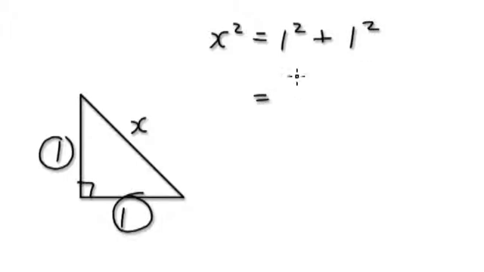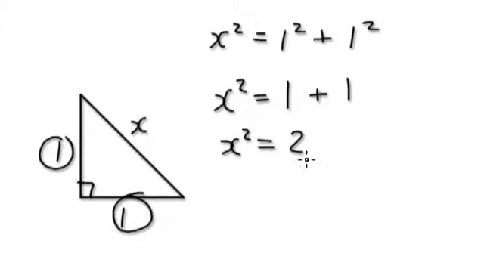So 1 squared, 1 times 1 is 1, and over here will also be 1. Now add the 2 together, so it will be 2. X squared equals 2. So we know that this length here is root 2. This length here is the square root of 2.